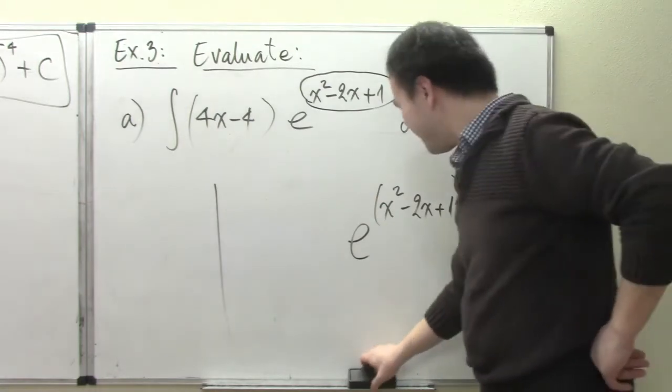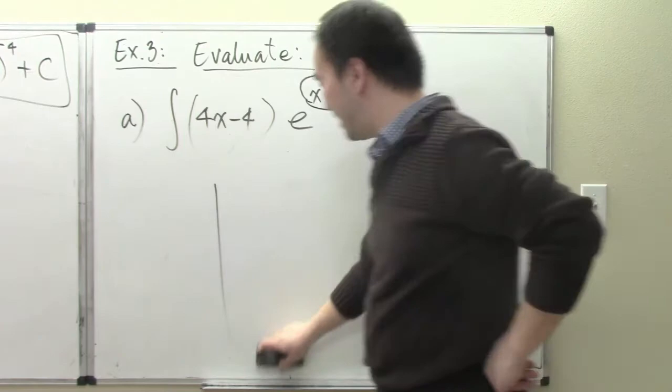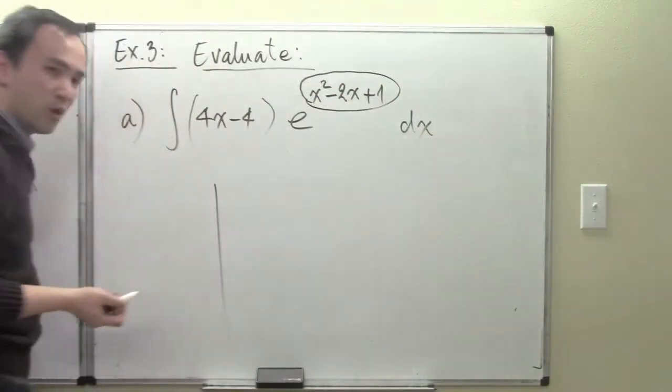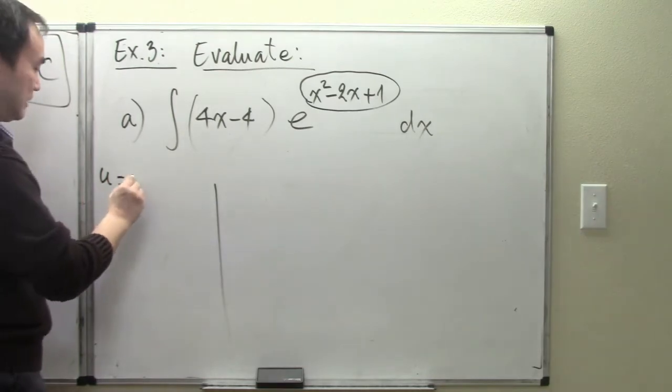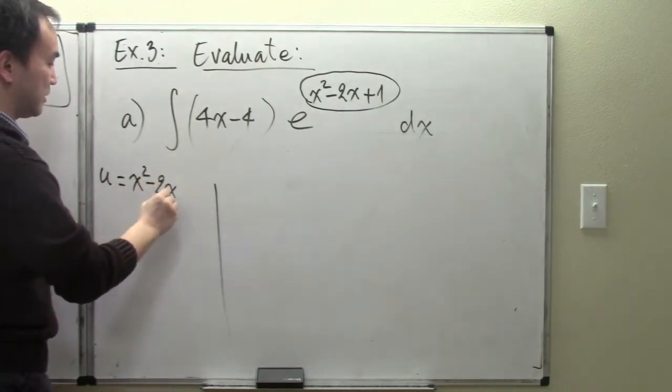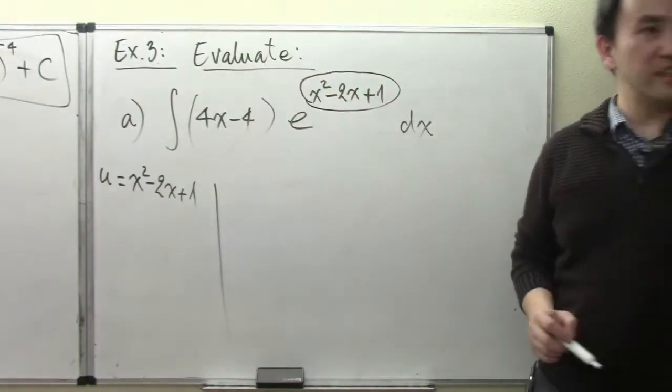Okay. And so in that way, I'm going to substitute. But in the end, it's just an experience, and it worked for me. So u equals x squared minus 2x plus 1. Okay? And so that's my choice for the substitution.